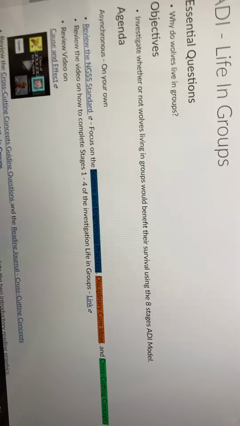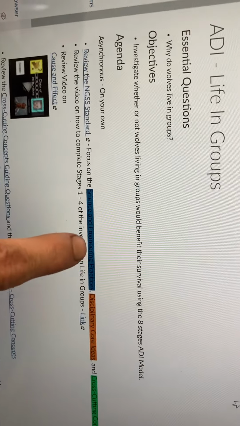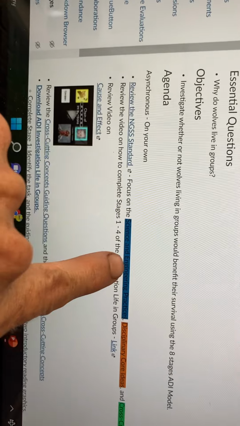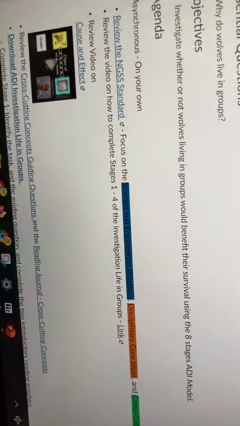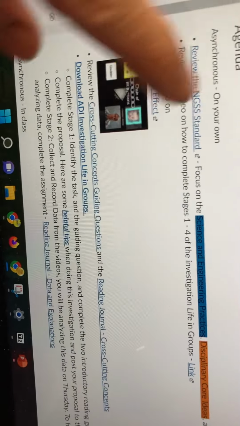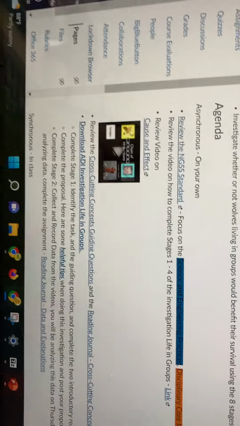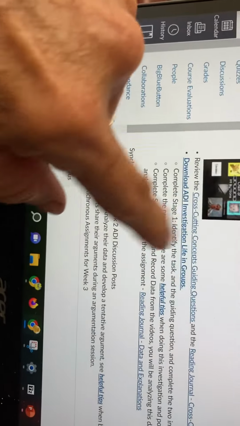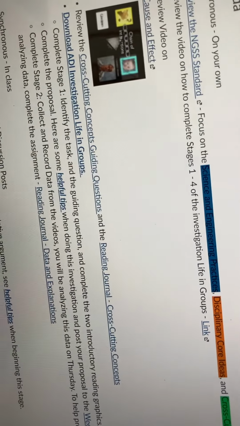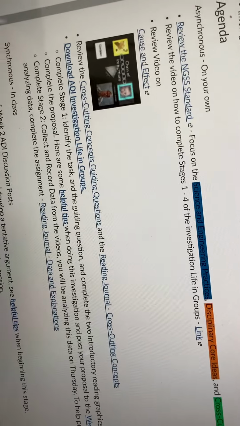For week 2, I did another lesson, and I had them look at the science and engineering practices, disciplinary core, and cross-cutting concepts. What they found confusing is that this lesson plan, this life in groups, has stages 1 through 4, and I don't know why.